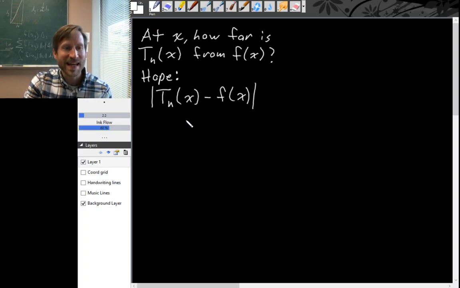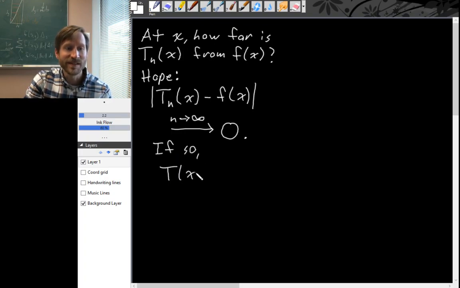Our hope is that as n gets bigger, as n goes to infinity, this difference is going to go to 0. Because if that limit is 0, then the Taylor series is equal to the original function at that x value.